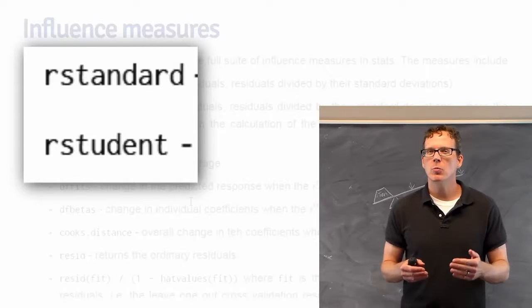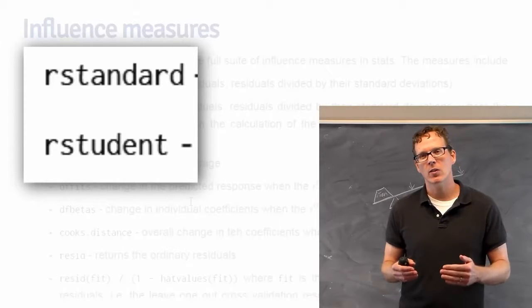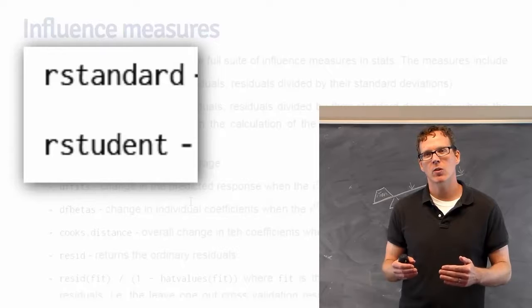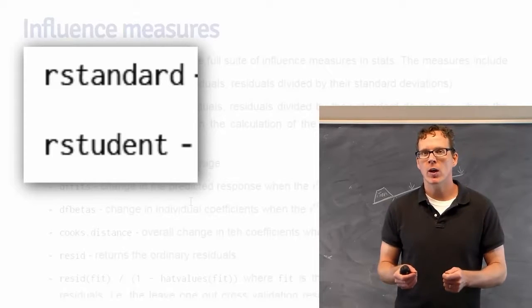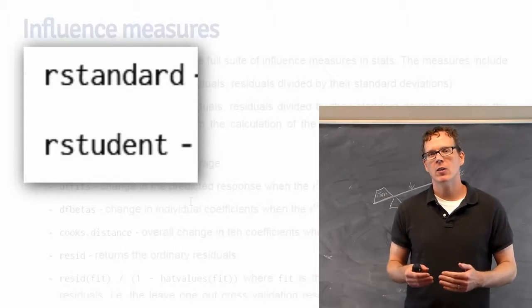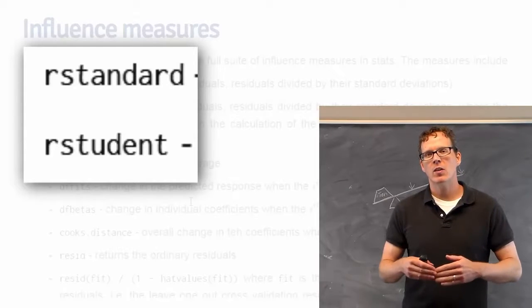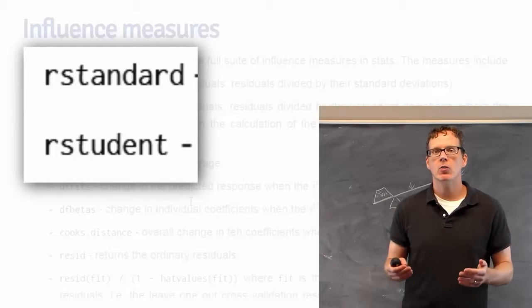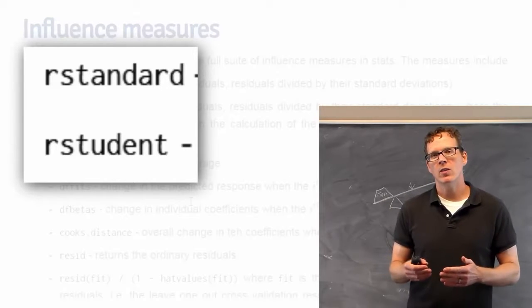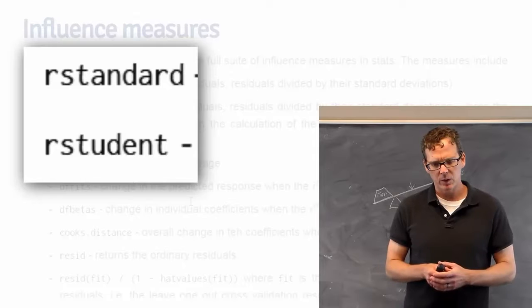And there's a slight distinction between whether or not they're internally standardized or externally standardized, which basically amounts to whether or not you've deleted the point when calculating the standard error. This has impact on whether or not the standardized residual follows a t-distribution.